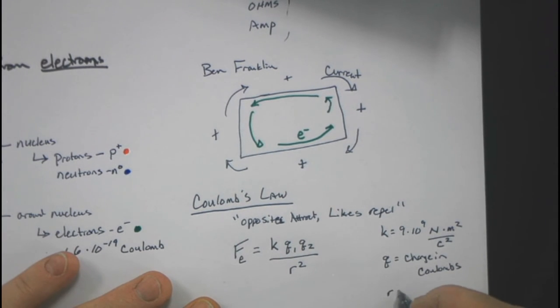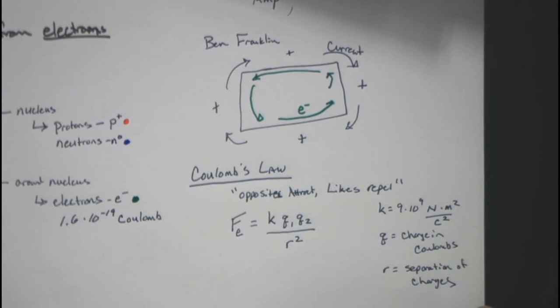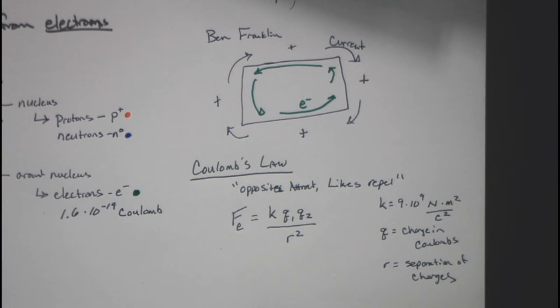And R is the distance, the separation of the charges. So whenever we write this little Q, that means our charge, and that's going to be our coulombs.